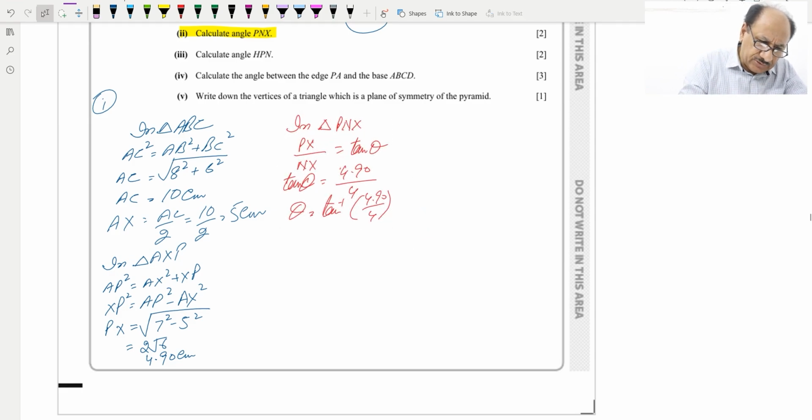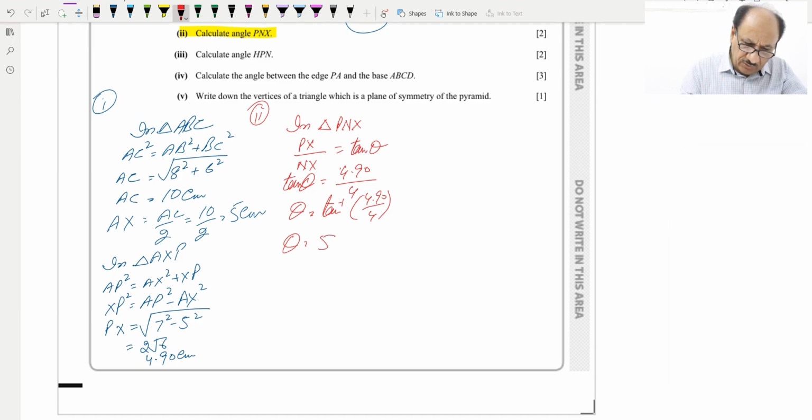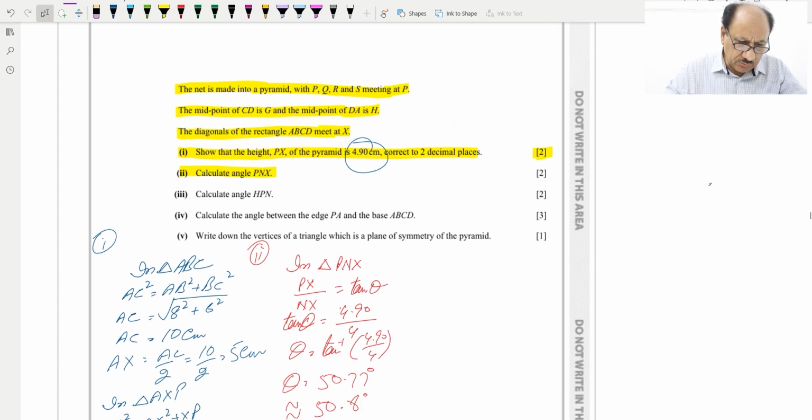This will be part second, and theta is equal to shift tan of 4.90 over 4, bracket close, and this will be equal to 50.77 degrees, or we can round it to 50.8 degrees. So this is also done. Then third part says calculate angle HPN.